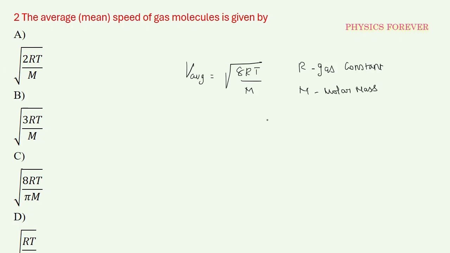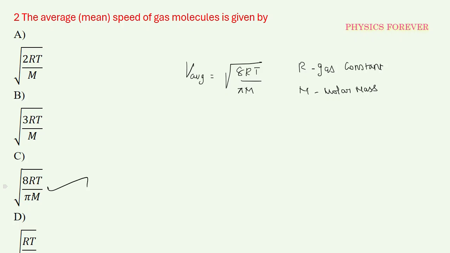So which one is the correct option? Option C is correct. Okay, then we have to put pi, I forgot. Option C is correct: root of 8 RT by pi M, where R is the gas constant and M is the molar mass.